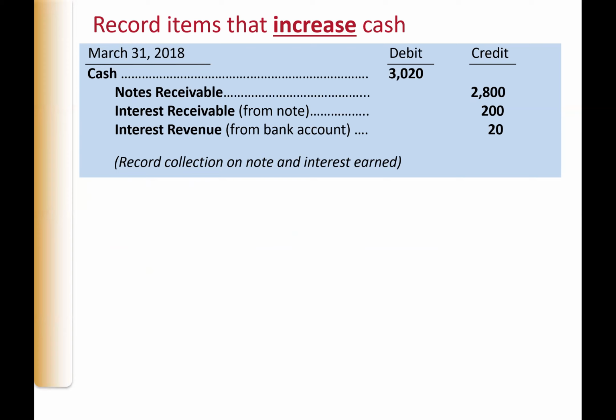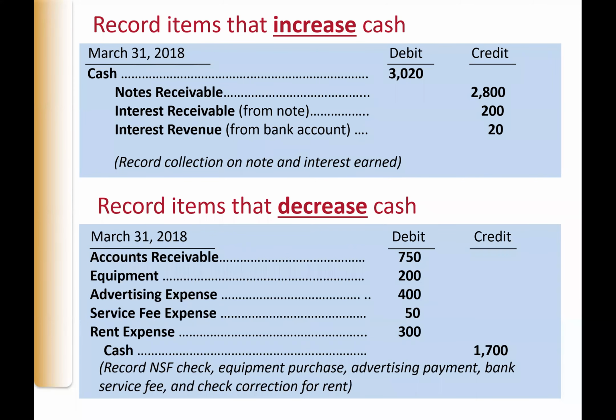Remember, $3,000 was the note, 20 was extra interest, and we'll credit the note receivable of $2,800 because now we've received it. We'll credit interest receivable from the note, and we'll credit interest revenue from the bank account of $20. Items that decrease our cash, we'll debit our accounts receivable for $750.